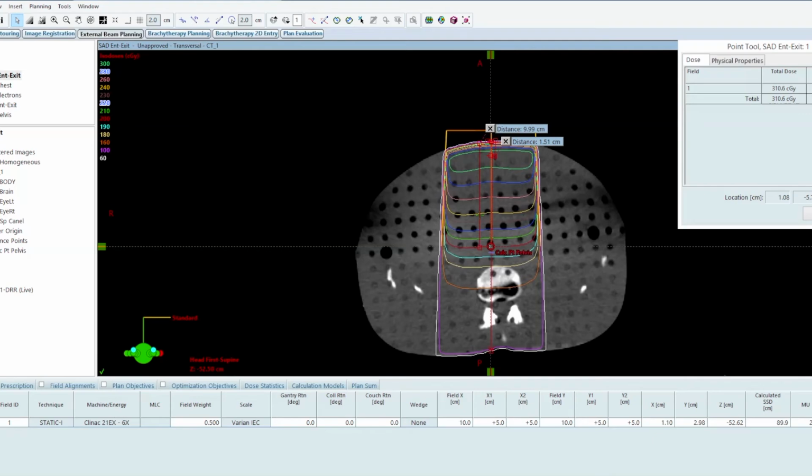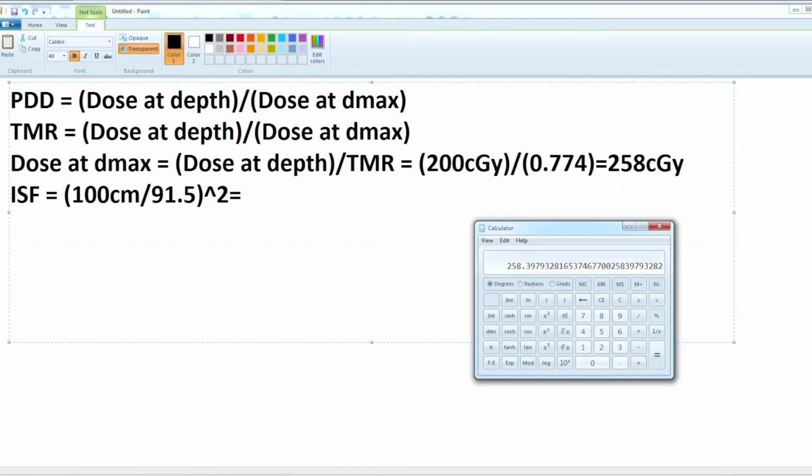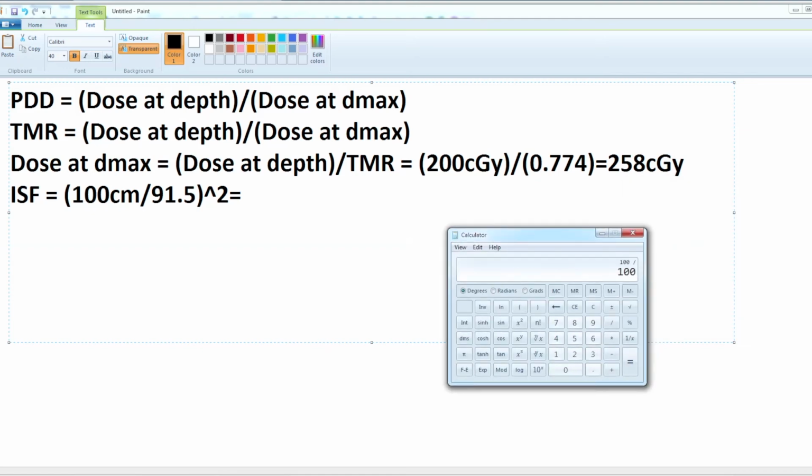Well, it's 91.5, right? I figure I'm 90 centimeters SSD, and then I have an additional 1.5 centimeter depth to D max. And I need to take this squared. Okay, so if I take 100 divided by 91.5 and I square it, I get 1.194.